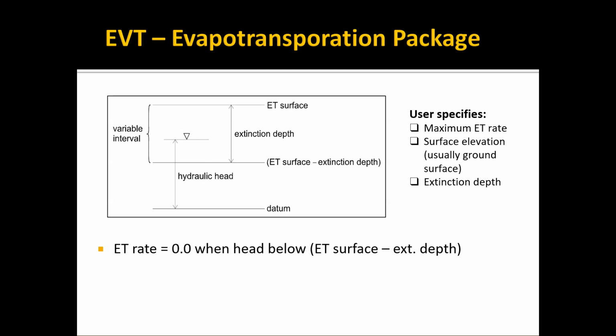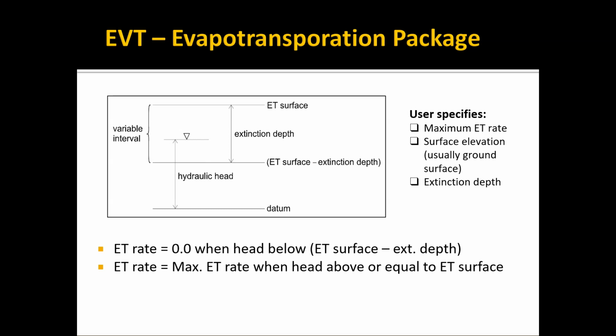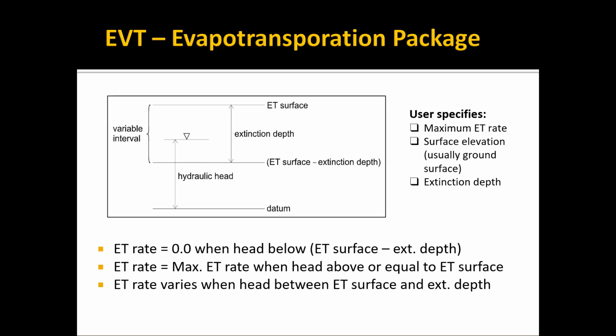If the head is below the extinction depth, the evapotranspiration rate is 0. If the head is above or equal to the ET surface, it's equal to the maximum evapotranspiration rate. And anywhere between those two extremes, it just varies linearly.